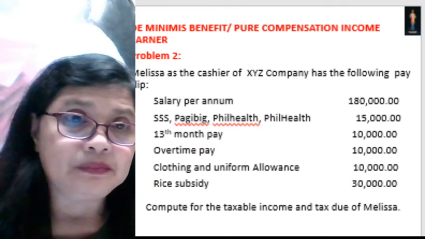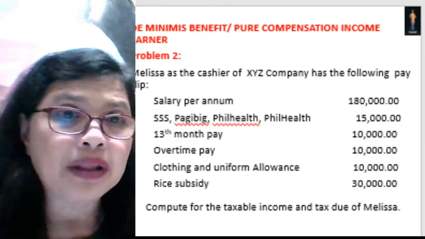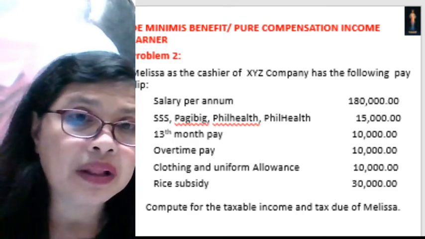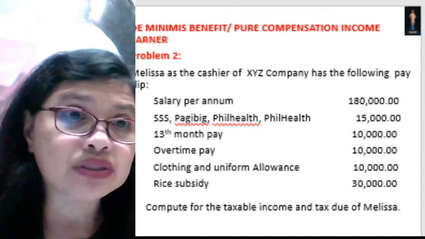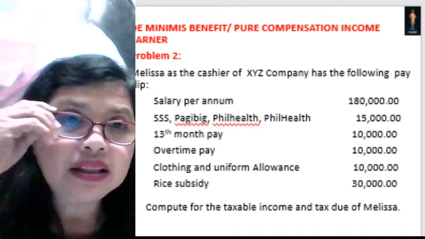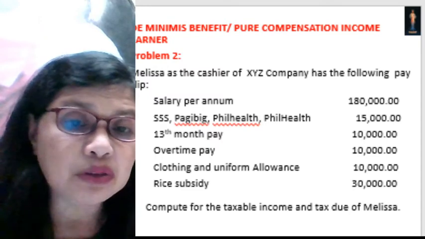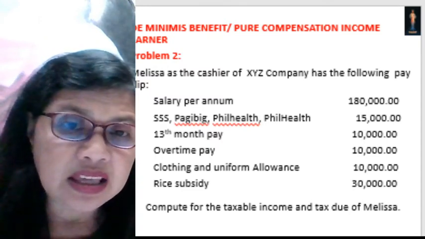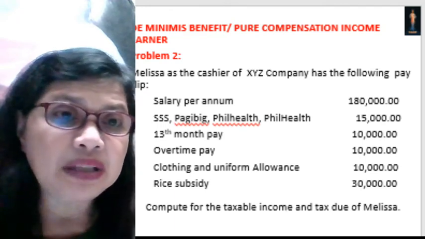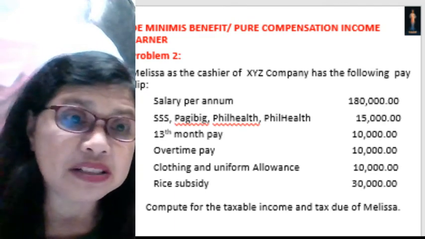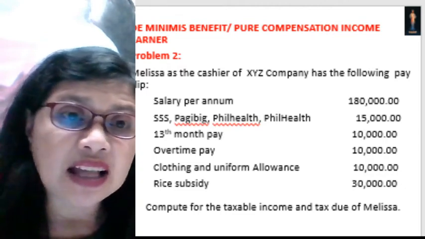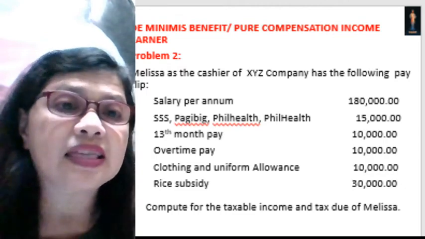30,000? Okay, clothing and uniform allowance, how much is the limit for the clothing and uniform allowance? I think it's 6,000 per month. But the one given in the problem is 10,000. So what shall we do with these things? Okay, did they exceed the limits given by the de minimis benefits law? Okay. And then look at the salary per annum, 180,000.